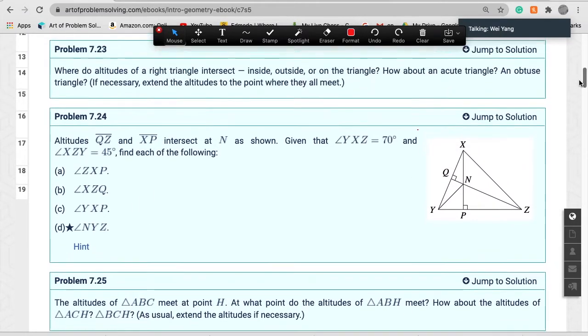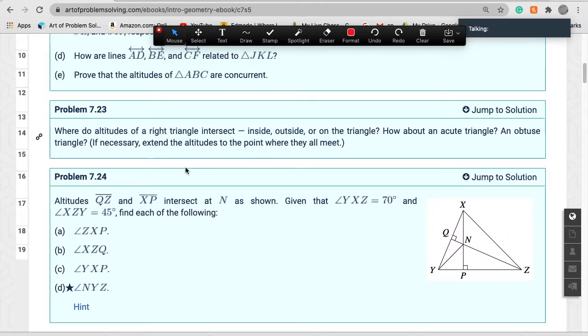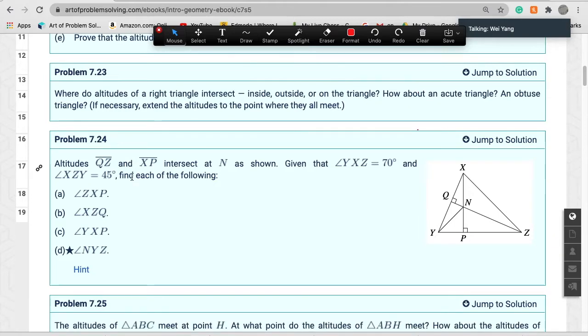Now let's go back. We already figured out problem 7.23, right? Now let's go to 7.24. This problem says altitude QZ is the altitude on XY, and XP is the altitude on YZ, intersecting at N as shown.